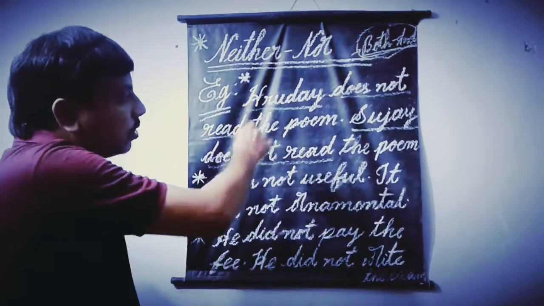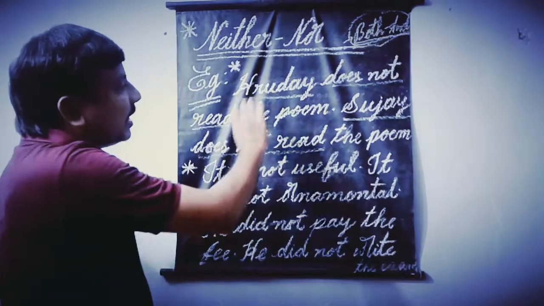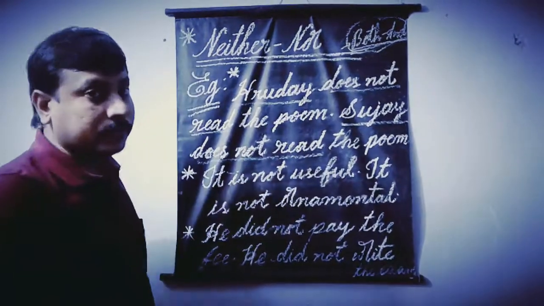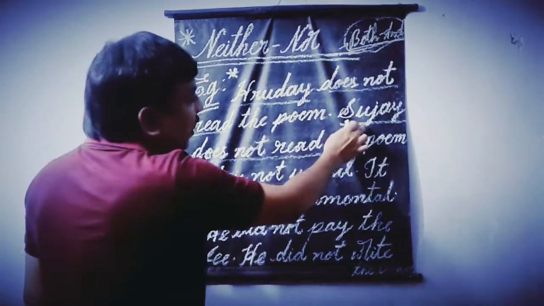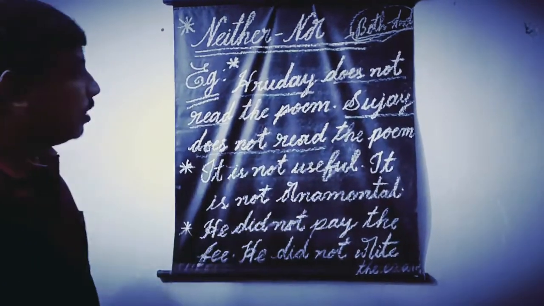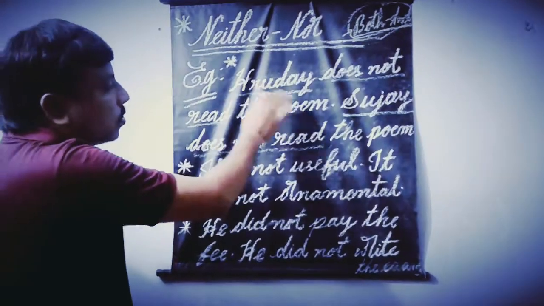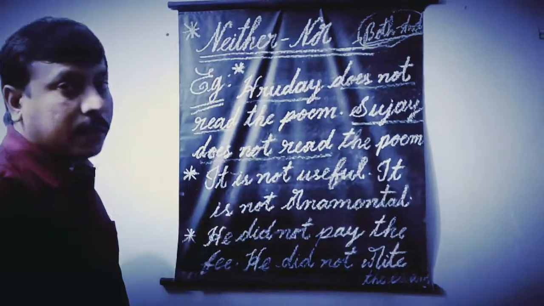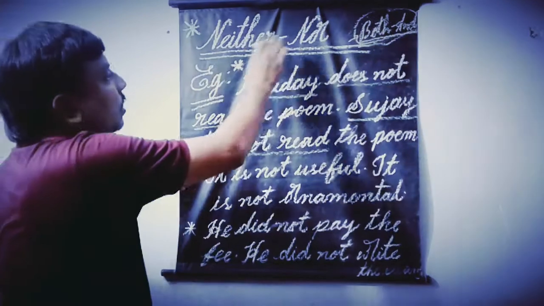Here we are going to join two negative ideas into one. Now how to join these two events into one by using the correlative conjunction neither nor.